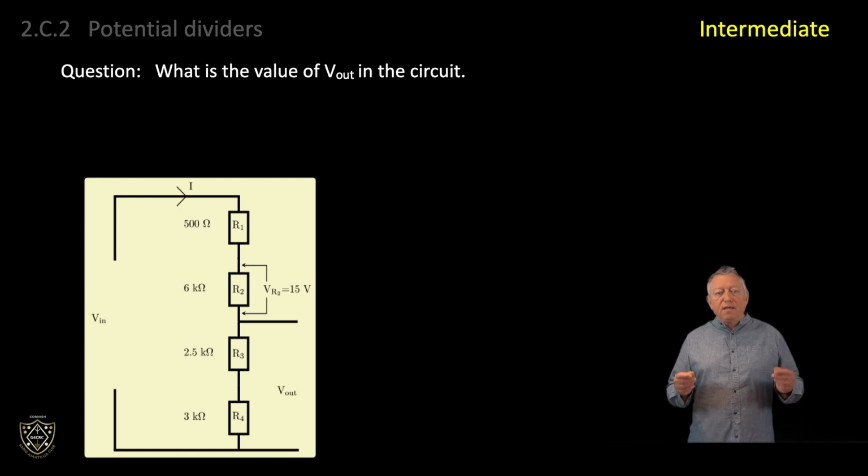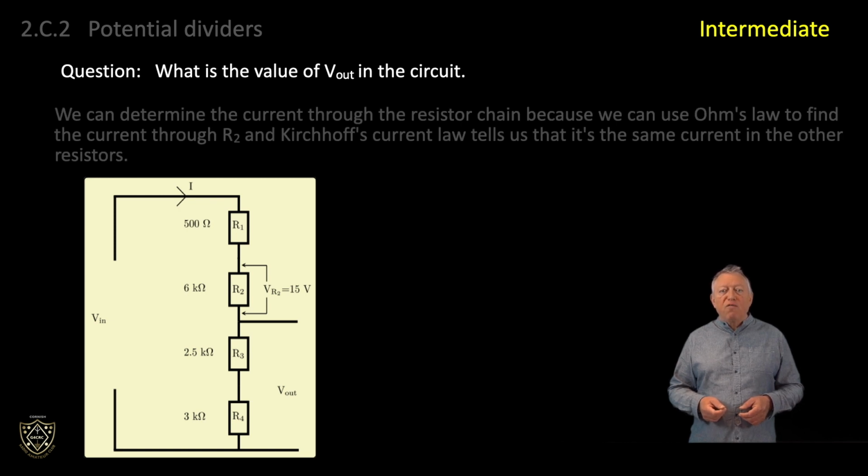Well, we can easily determine the current through the resistor chain because we can use Ohm's law to determine the current through R2, and Kirchhoff's current law tells us that it's the same current in the other resistors. I equals V over R2, which equals VR2 divided by R2, which is 15 volts divided by 6 kilo ohms, which gives us 2.5 milliamps.